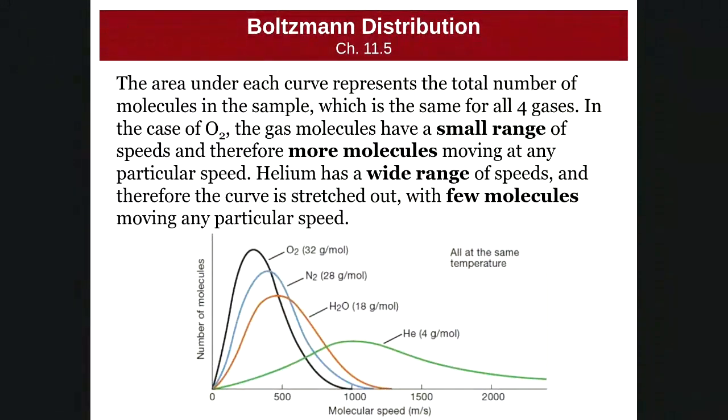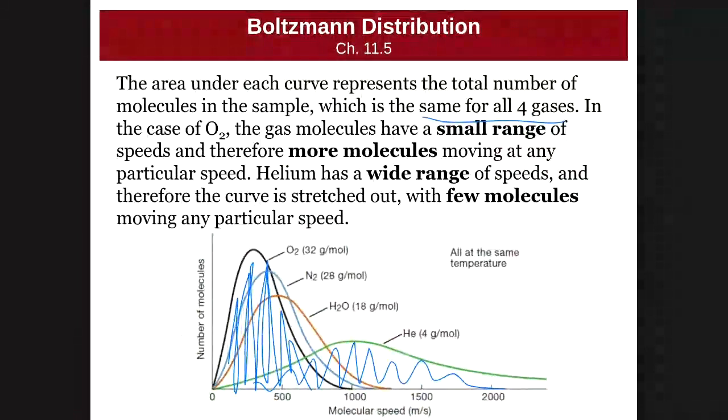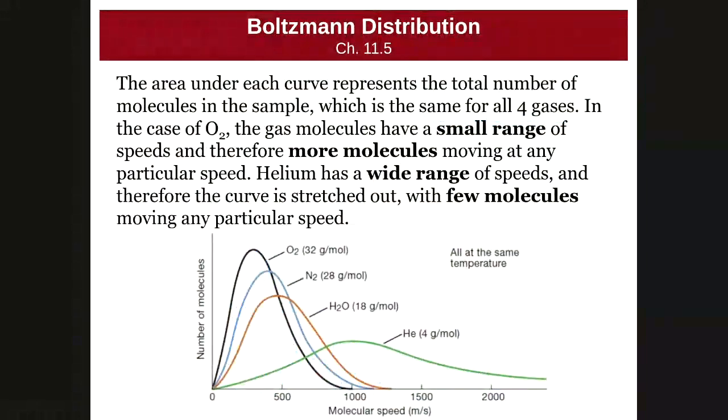So this total number of molecules for this example is going to be the same for all 4 gases, which means that if we have the same number of molecules under this curve, that's why it has to be flatter, because it needs to take up more space to get the same number in this direction as this one had in this direction. And that's all that this paragraph is really saying.